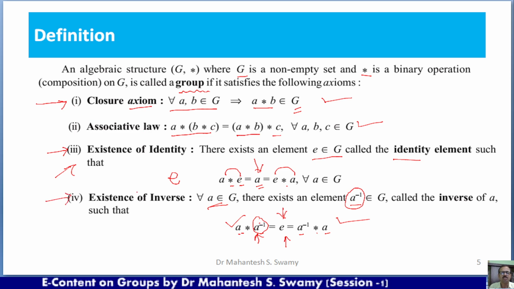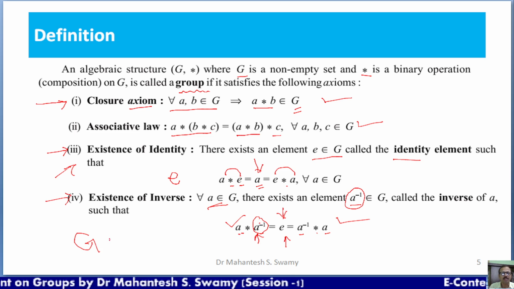If all these four axioms are satisfied, then we say G is a group. Initially it was a set, and now it is becoming a group with respect to the binary operation star, which is defined here.